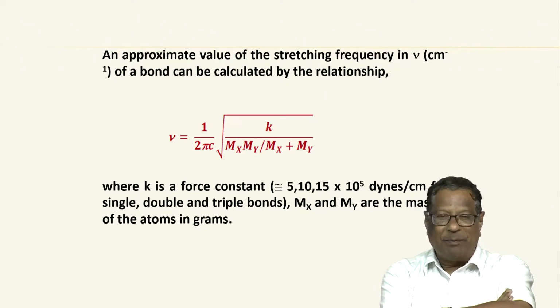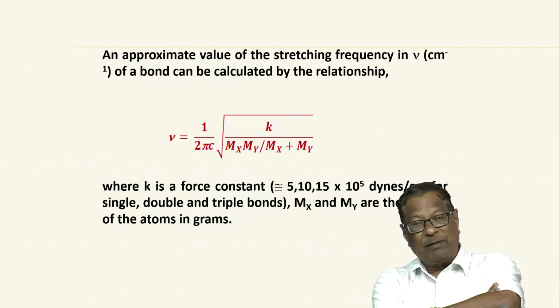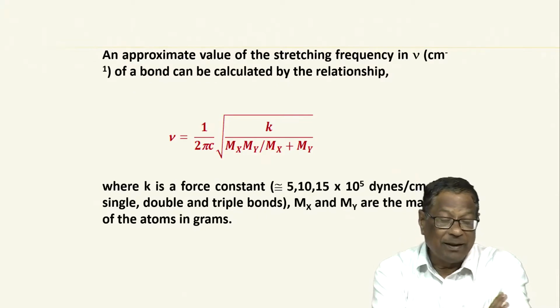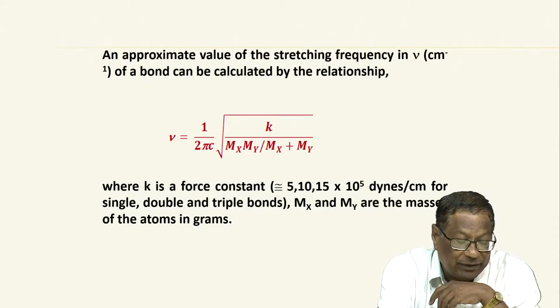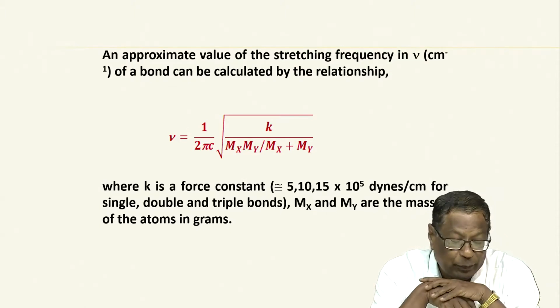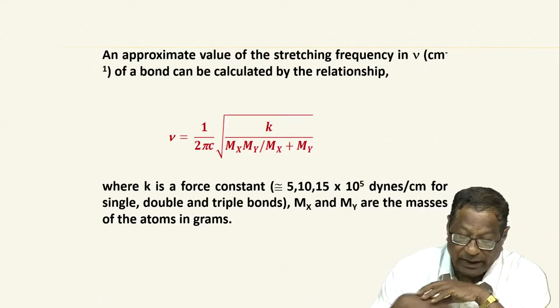Quantum mechanical calculations permit us to determine, even without taking the spectrum, where I can expect an IR peak. That relation is given by nu, the frequency, equal to 1 over 2 pi c into the square root of k divided by mx my over mx plus my.